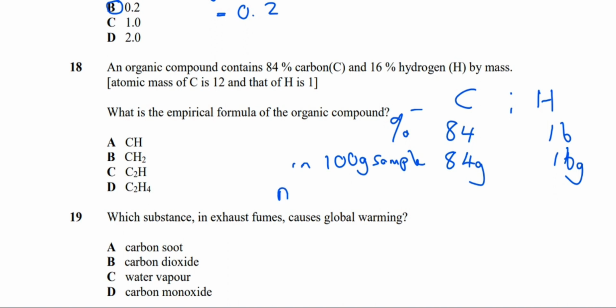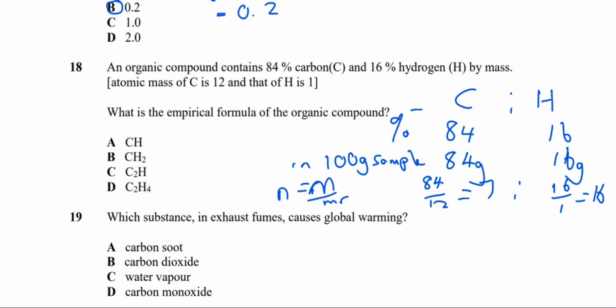All right. So to calculate the number of moles, n is equal to m over Mr. So the mass here is 84 over the Mr of 12, which is 84 divided by 12, that's 7. Then for hydrogen, 16 divided by 1, which is equal to 16. So we have 7 moles of carbon and 16 moles of hydrogen.